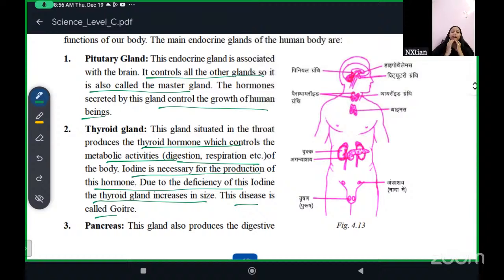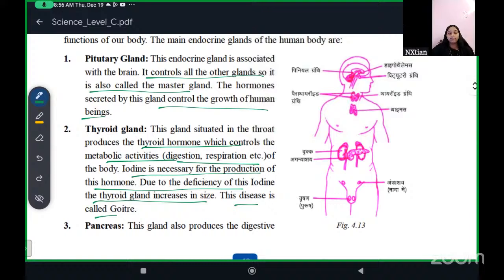People have this neck fully swollen up, because the thyroid gland has increased in size. Why? Because of deficiency of iodine, which makes this gland increase in size.